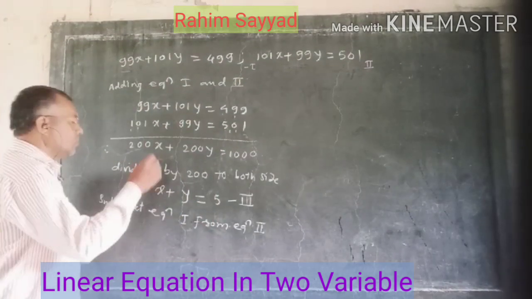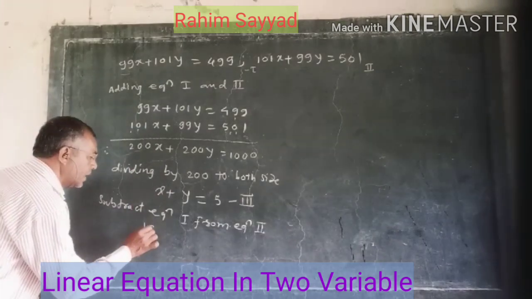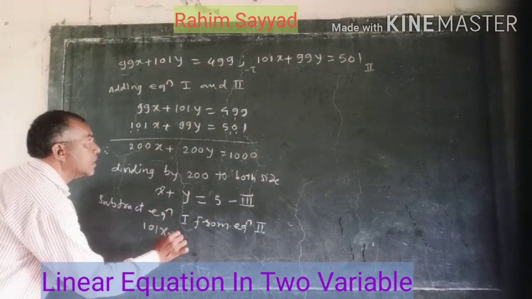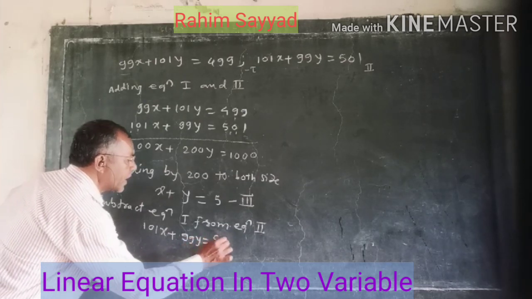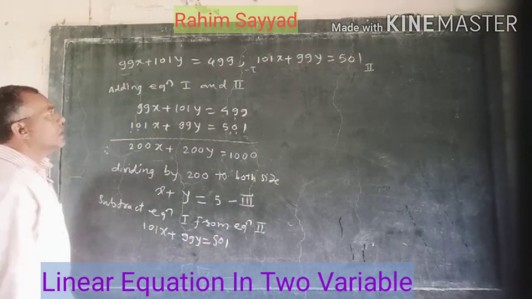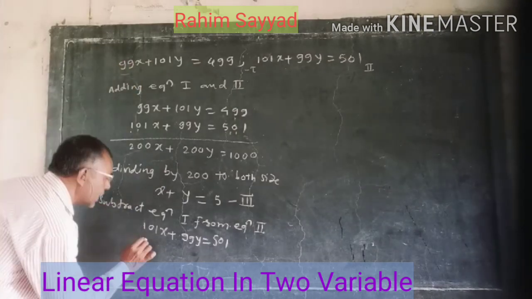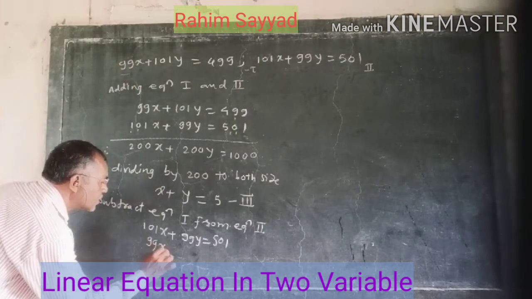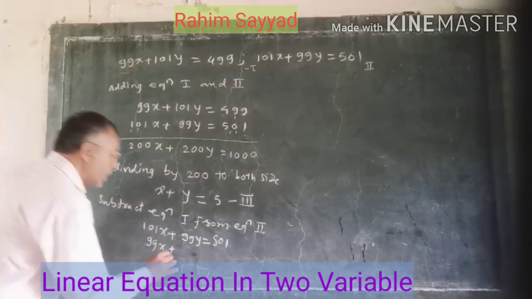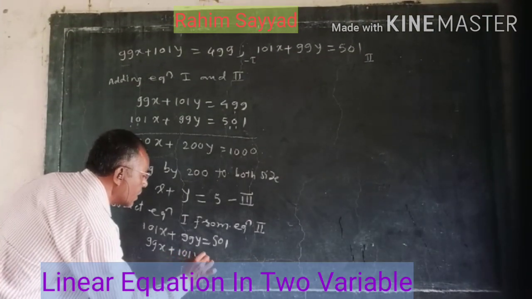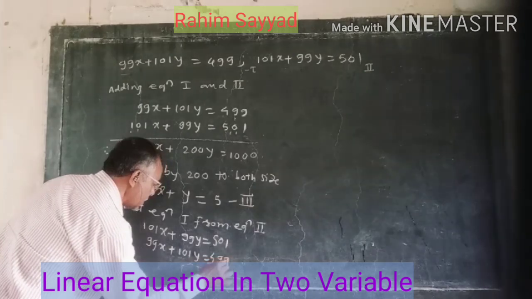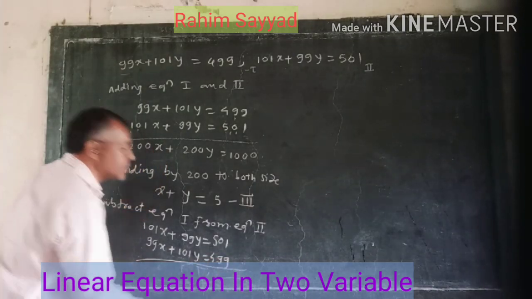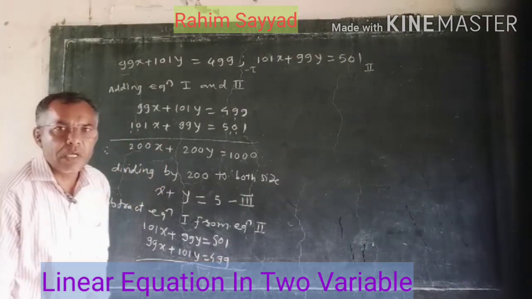Now we will write 101x + 99y = 501, and equation number 1, that is 99x + 101y = 499. In this way, you have to subtract this equation.